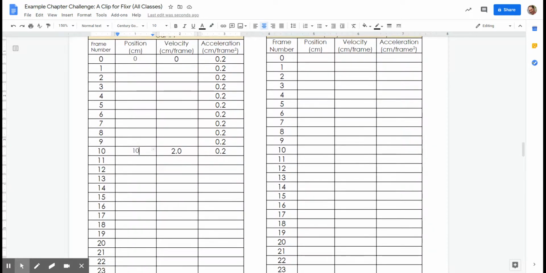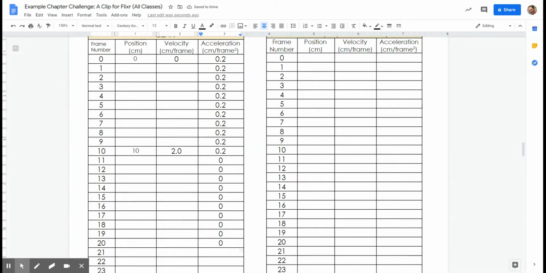Now, in the acceleration category, it does say that after it accelerates for 10 frames, that 1/3 of a second, then it no longer accelerates anymore. In fact, it just travels off at a constant velocity. And that means that my acceleration drops to 0 for the remainder of the video, all the way down.